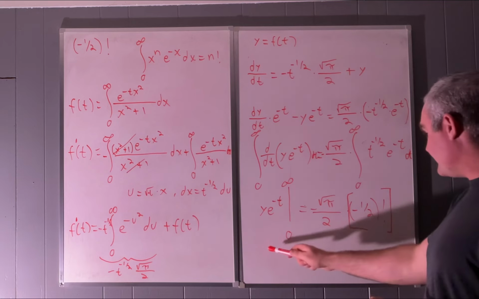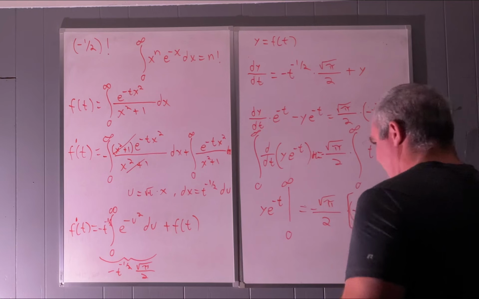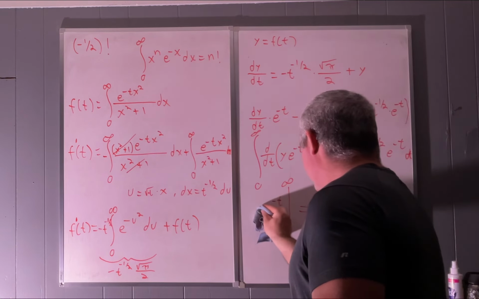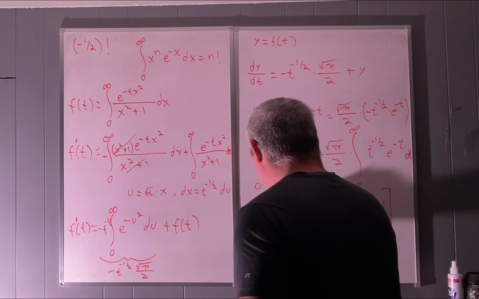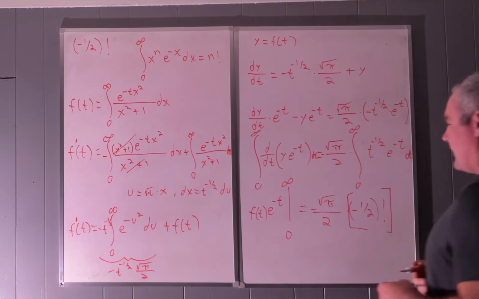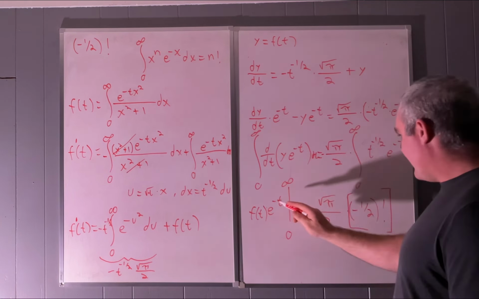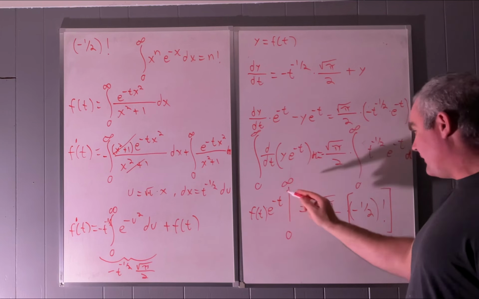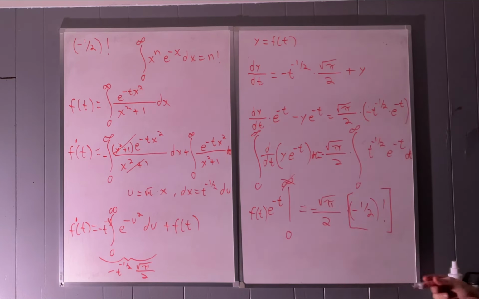All right. Okay, so now we just need to find that side. What is this from 0 to infinity? Well, what's our y? Our y is simply f of t. Okay. All right. So what's f of t e to the negative t from 0 to infinity? Well, at infinity, this whole thing is going to go away because we'll have e to the negative infinity, which is 0.